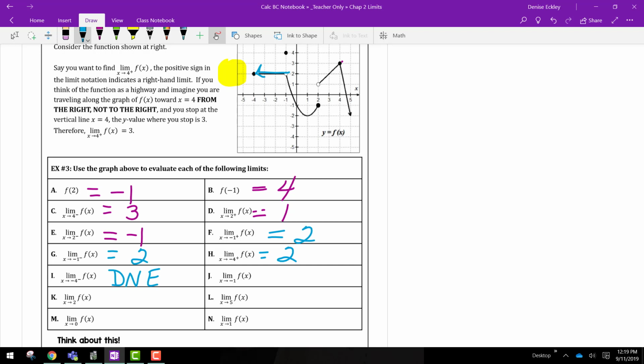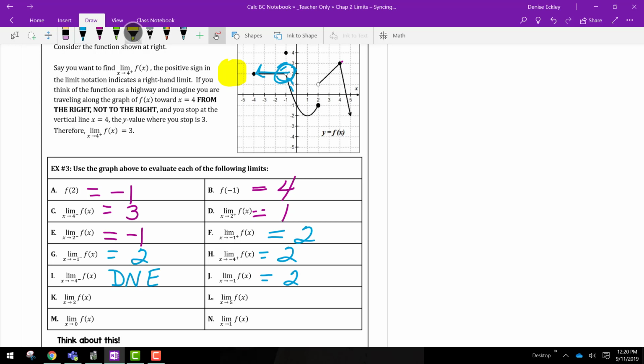So what I want to notice is -1 is right here, and if you come from the left and the right, you approach the same value. That means the limit exists, so we get a 2 here. All right, now we're looking at the limit of 2. Now here's where we have a bit of a problem.